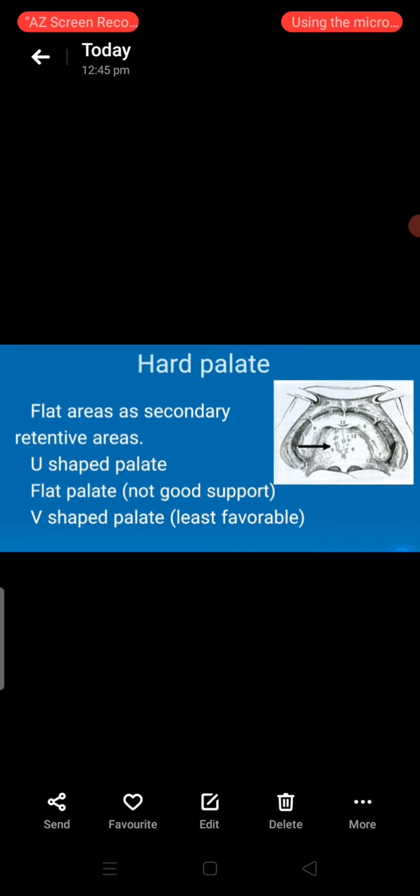There are three types of hard palate: U-shaped palate, flat palate, and V-shaped palate. U-shaped palate is the best one, flat palate does not give good support, and V-shaped palate is the least favorable.